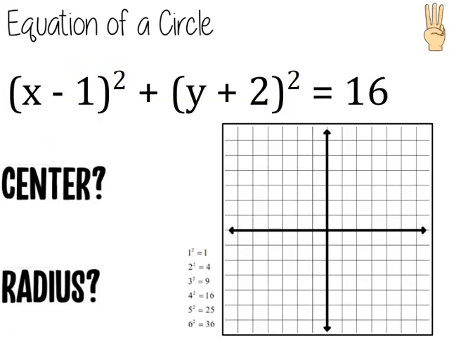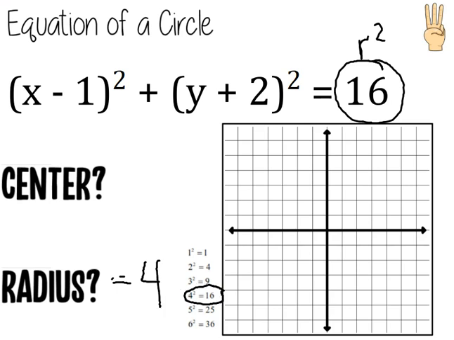Let's try one without a picture to check. Start with my 16. I know that it will always equal the radius squared. So what number could my radius be? That's right, 4. I know that somewhere on this graph, I'm going to have a circle with a radius of 4.